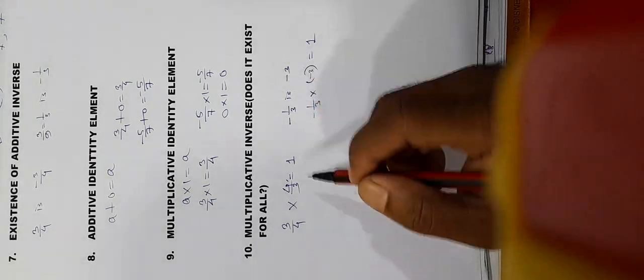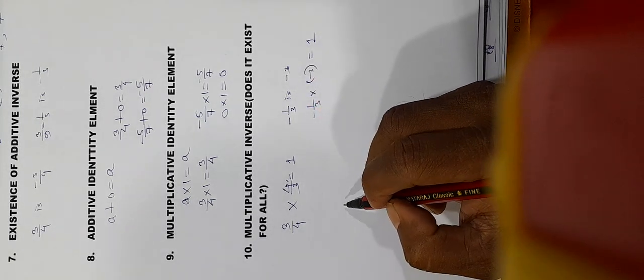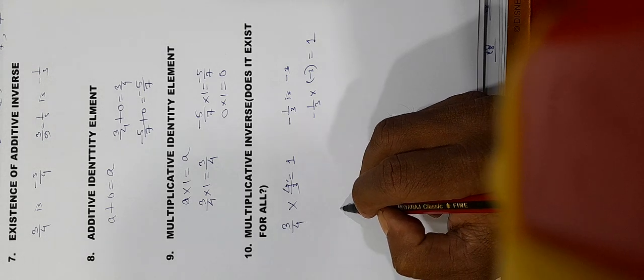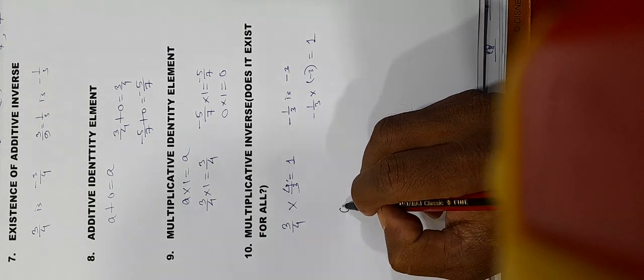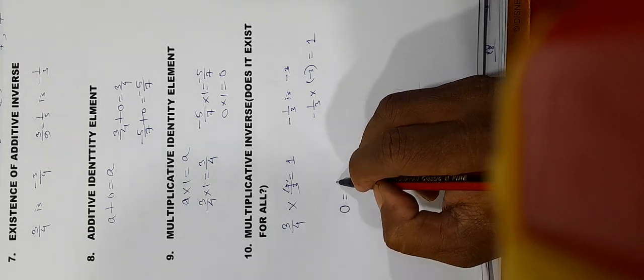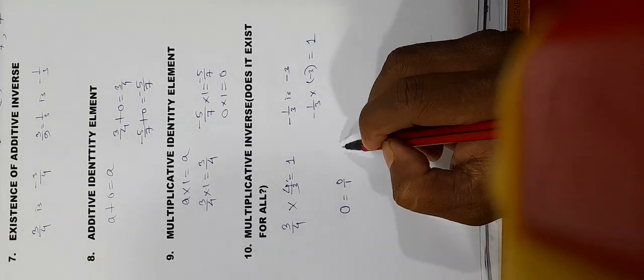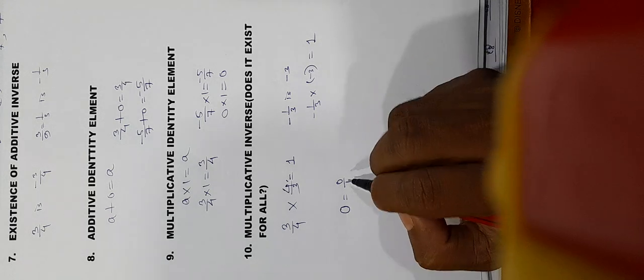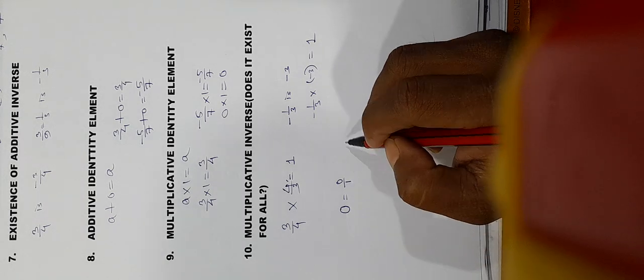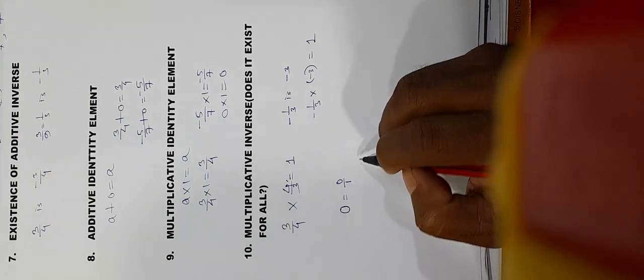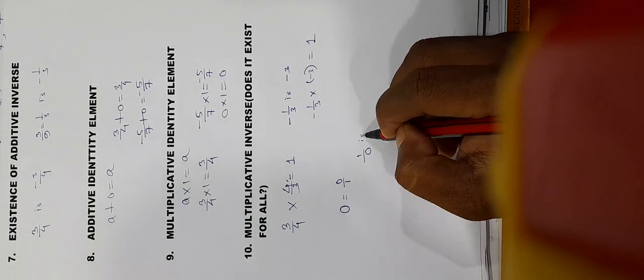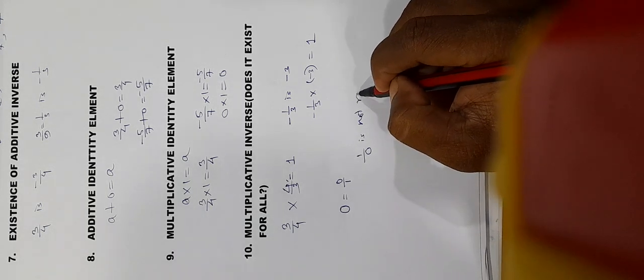Now does it exist for all? Say for example 0 can be expressed as 0 by, say for example 1. Now can we say multiplicative inverse of 0 by 1 is 1 by 0? 1 by 0 is not rational.